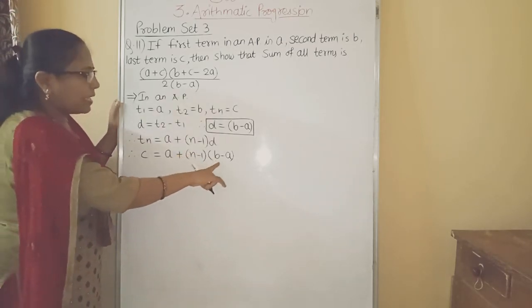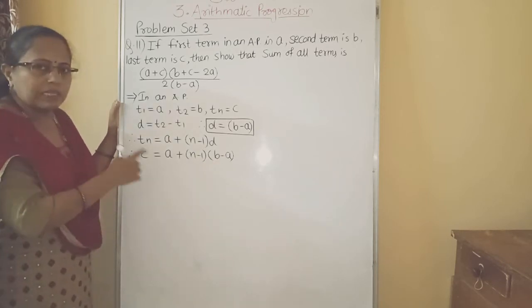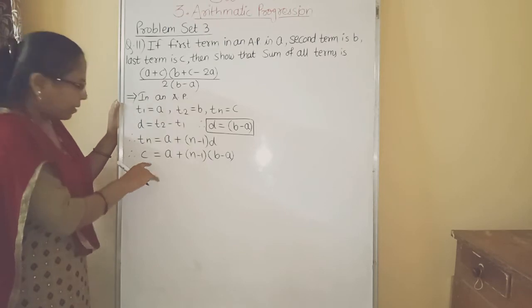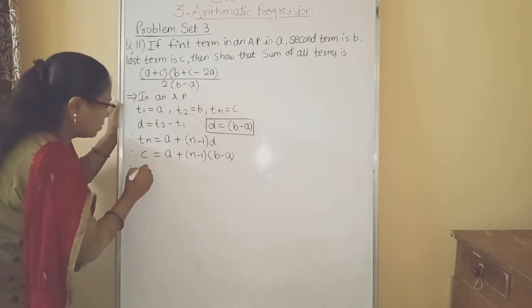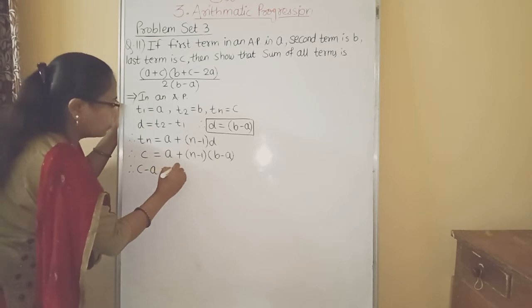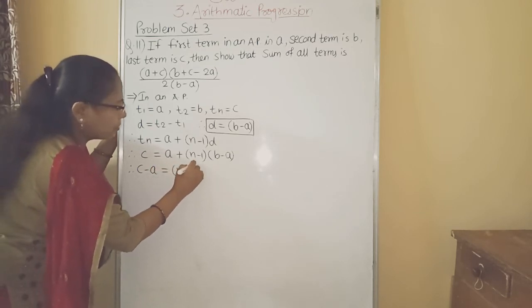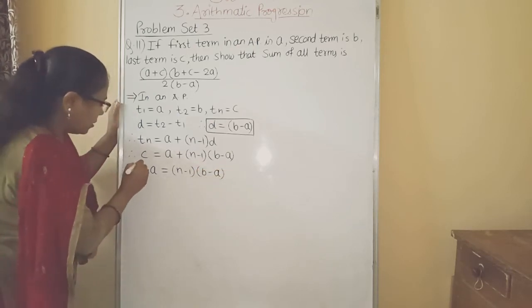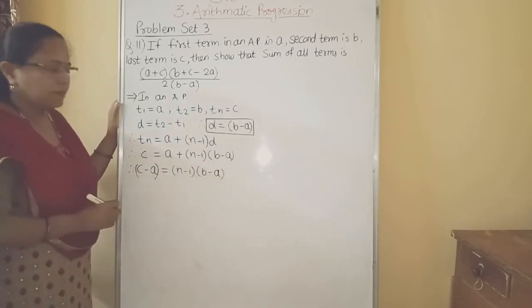Instead of multiplying this bracket, we will go for the simple step. First we will take this A on this side. Therefore, C minus A is equal to (n minus 1) into (B minus A). So this also we will write in bracket.